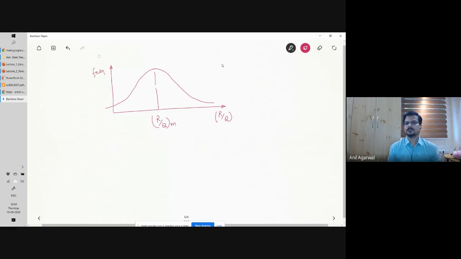Okay, right. Now R by Q will not become 0. So basically what you have to make sure is that your R by Q should be greater than 1, right? So let's say this is 1 and this is your median value. Wherever your R by Q becomes less than 1, that is your unsafe zone.